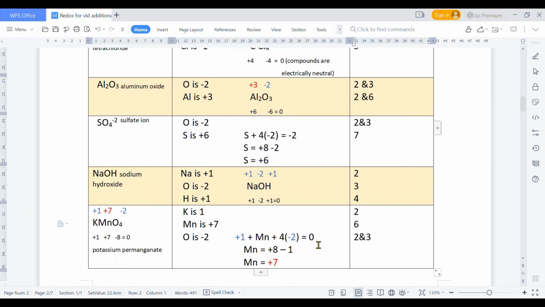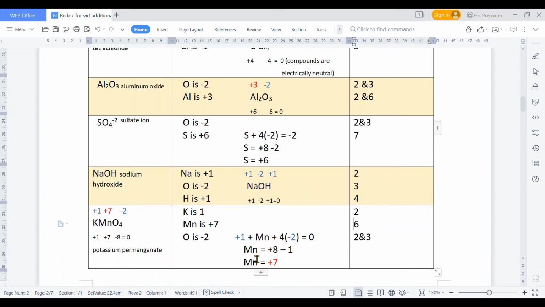We equate it to 0 because this is a compound. A compound is electrically neutral, so we equate it with 0. If it is an ion, we equate it with whatever the charge of the ion is. But for a compound, we equate it to 0.